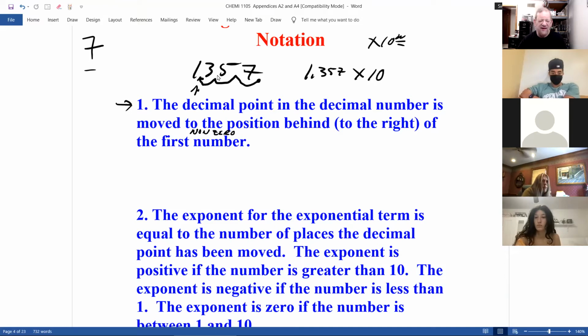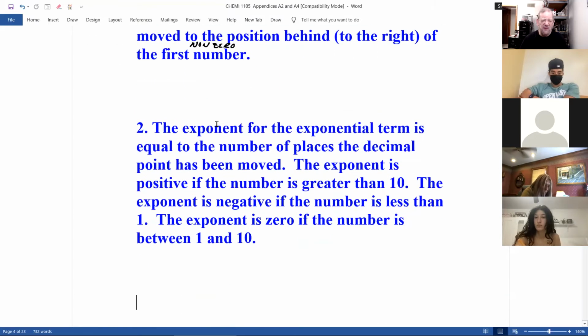10 to the n, how do you figure out what is n? The exponent for the exponential term is equal to the number of places the decimal point has been moved. The exponent is positive if the number is greater than 10.